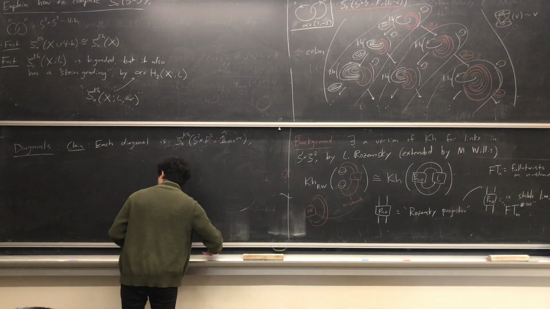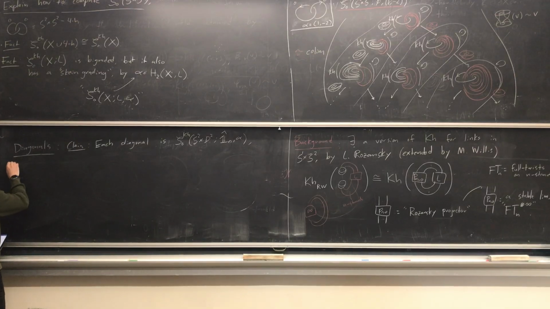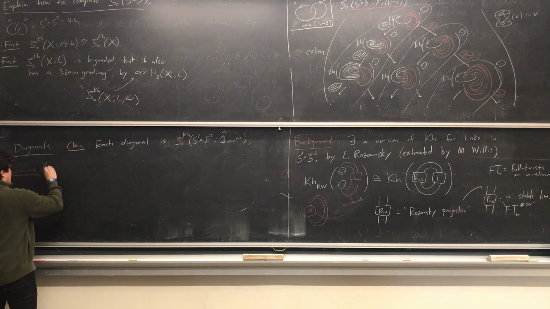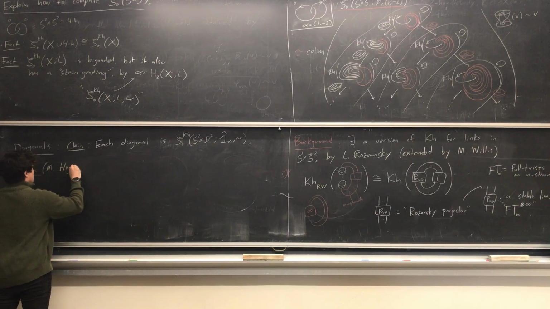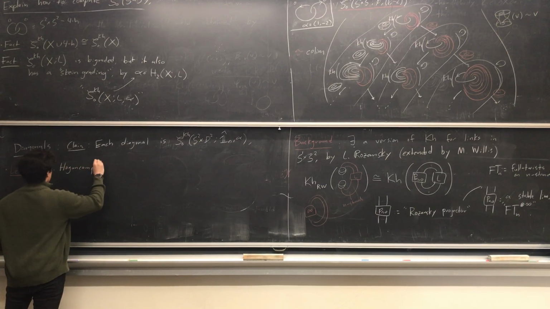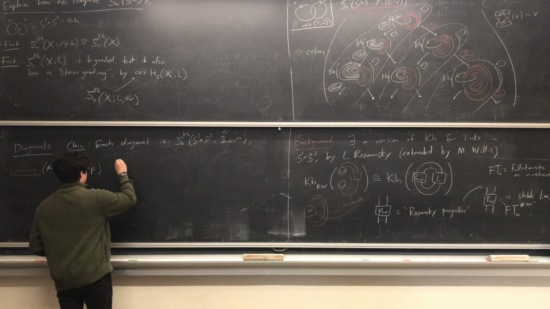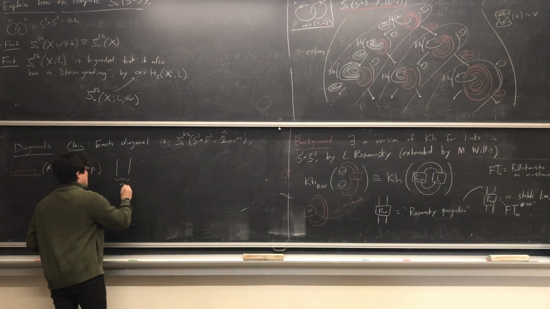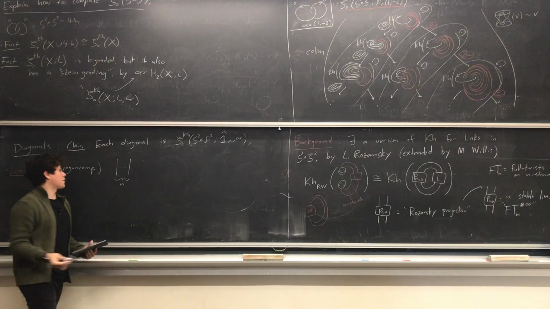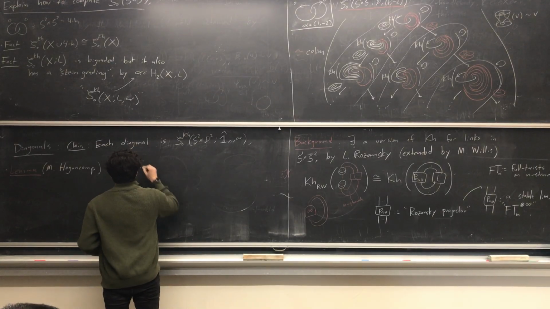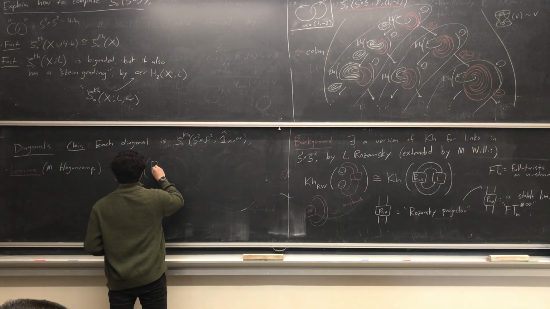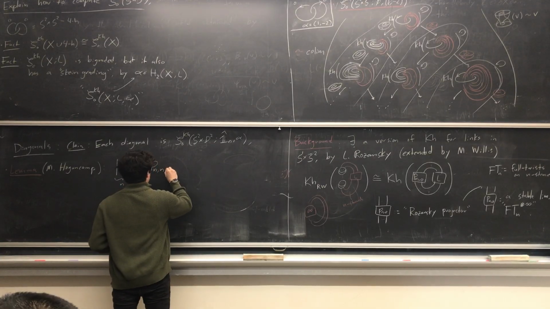Okay, I need one kind of tricky lemma. This is due to Matt Hogancamp. It says the following. The complex associated to the n-strand identity braid, so the Khovanov complex of just the identity, is homotopy equivalent to a complex that looks like this.